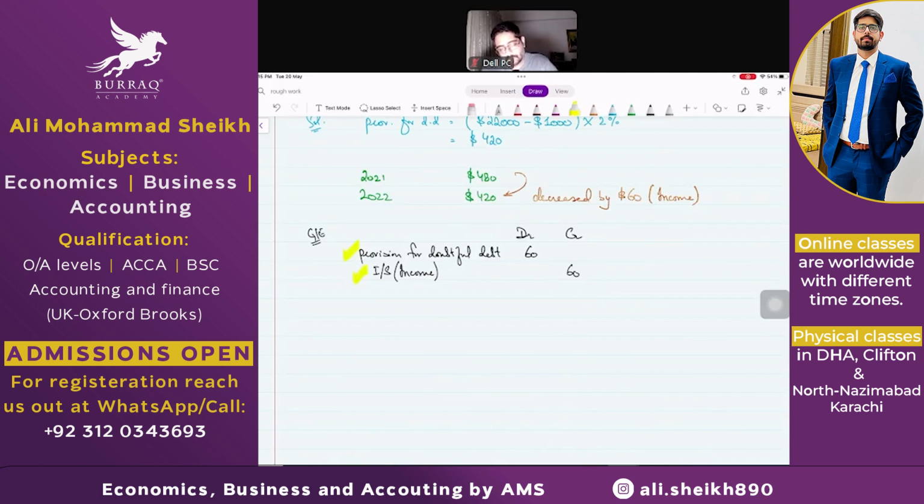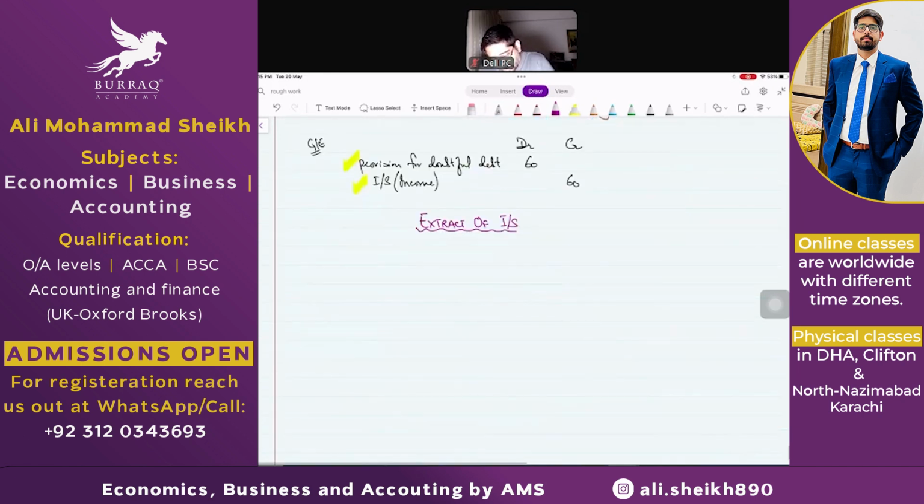Lastly, how do we present it in financial statements? So I am drawing an extract of income statement. After gross profit, when you find gross profit in any question, we make a heading of other incomes.